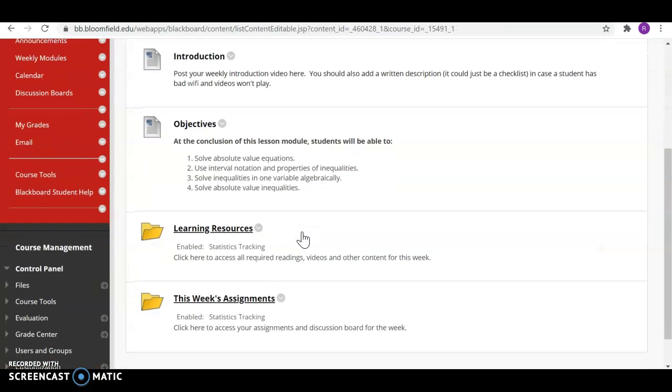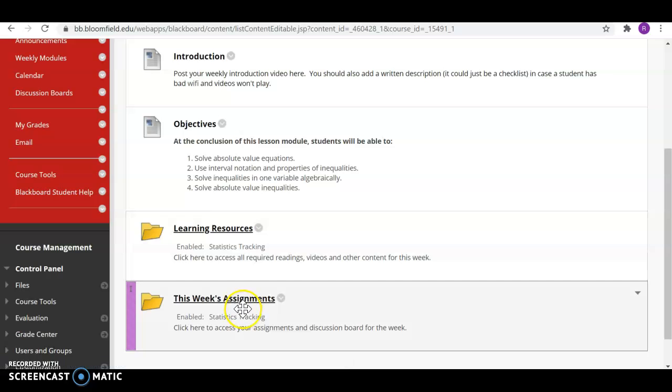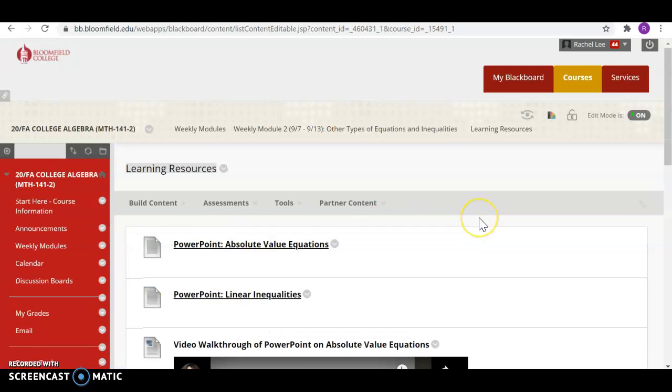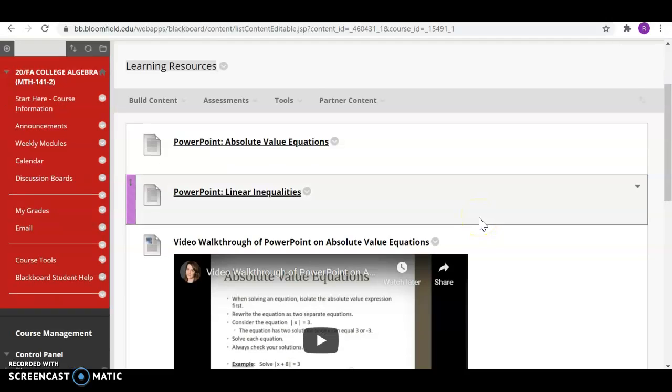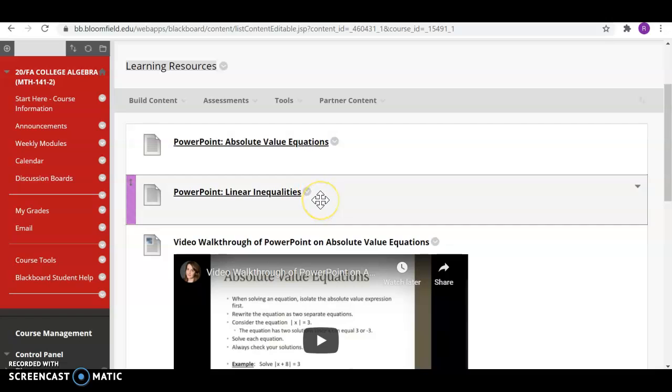So in this folder, as usual, we have our objectives listed and two subfolders, learning resources and this week's assignment. Let me start by going over the first folder. What I recommend students do is, as they read the assigned reading of the textbook, which for this week is 2.6 and 2.7, go over the PowerPoints as they read or after they have read the textbook.